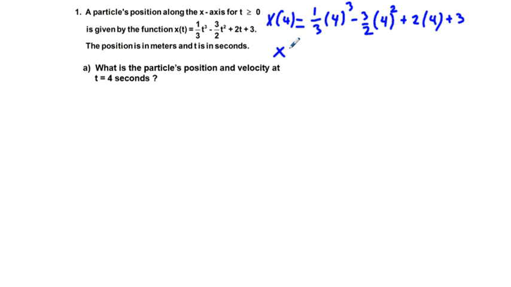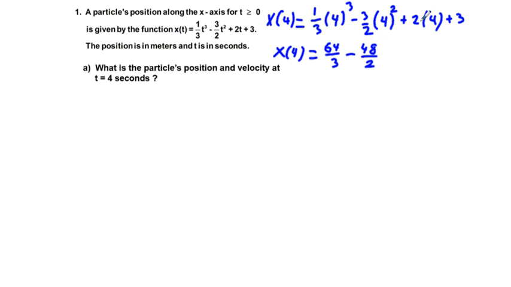So x of 4, which is our position at t equals 4, is 4 cubed, which is 64 over 3, and then minus 3/2 times 4 squared. 4 squared is 16, and 3 times 16 is 48, so I'll just write down 48 halves.